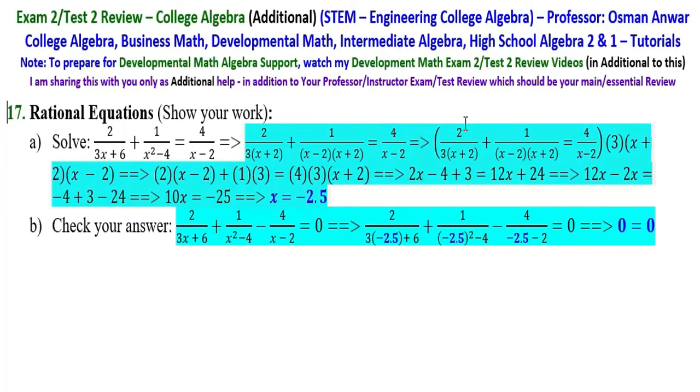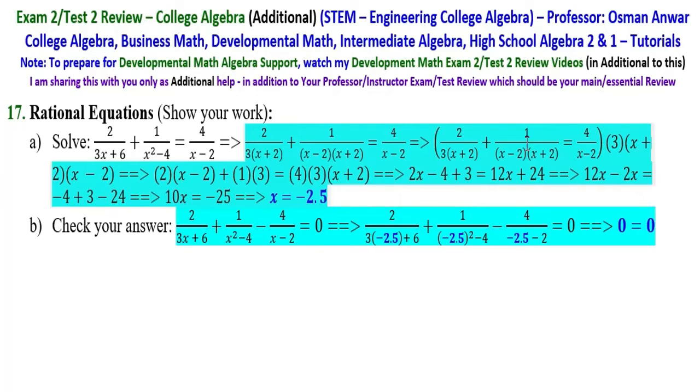So 2 over 3 times x plus 2 times this, 3 cancels 3, x plus 2 cancels x plus 2, then this is 2 times x minus 2. Then here x plus 2 cancels x plus 2, x minus 2 cancels x minus 2, then this is simply 1 times 3. Only 3 is left.